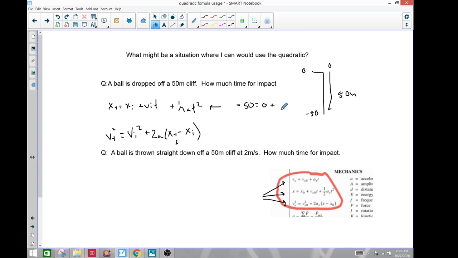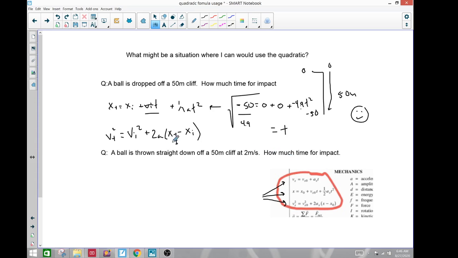Initial velocity actually is 0, so that drops out. And then plus, I'm going to put negative 4.9 t squared. Do I need the quadratic here? No, do not need it. You should be able to use standard algebra to divide out the 4.9, and then we're going to square root this thing to get my t value.